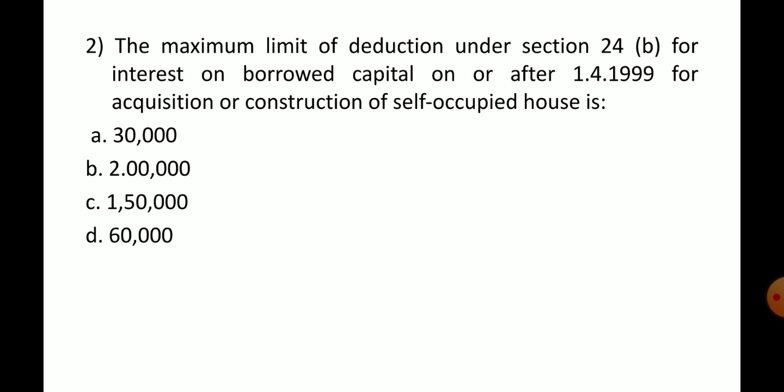The maximum limit of deduction under section 24 for interest on borrowed capital on or after 1/4/1999 for the acquisition or construction of a self-occupied house is, it's very simple. If the loan is borrowed before 1/4/1999 for the purchase or construction of house property, the maximum limit is 3 lakh.